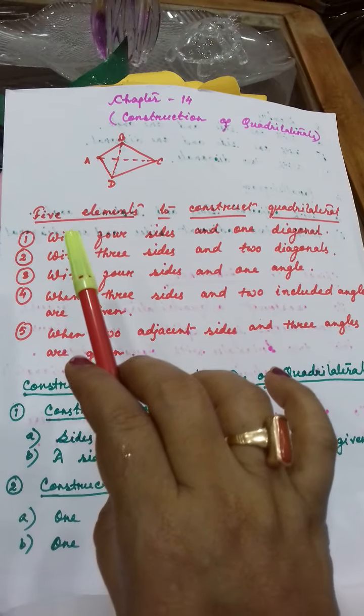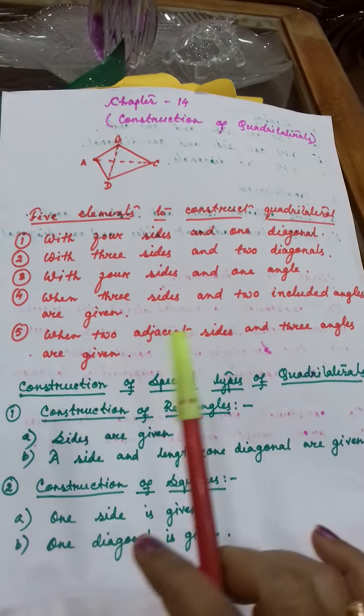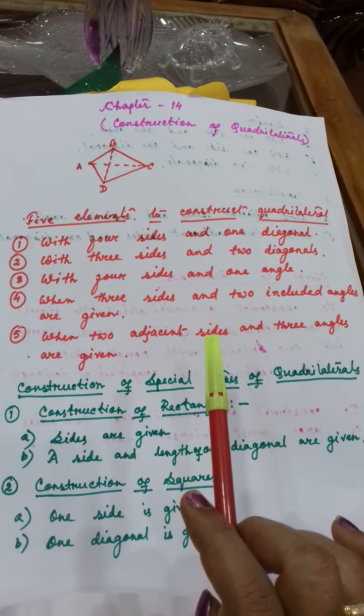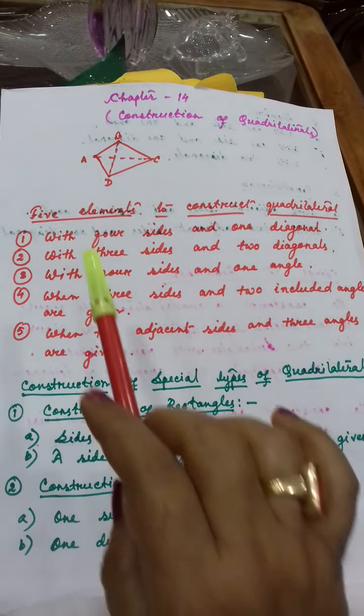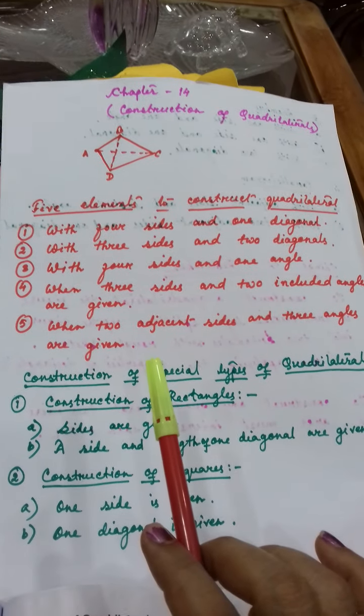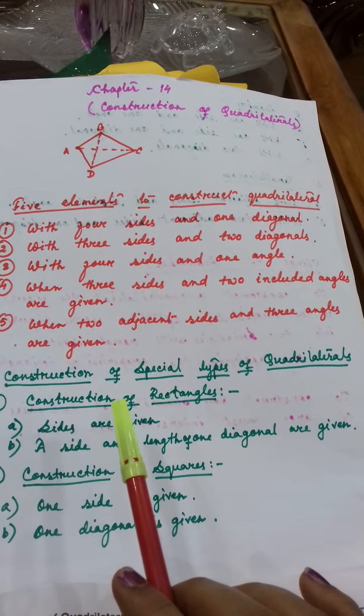First one, if 4 sides and 1 diagonal are given to you, how to construct a quadrilateral? Next, with 3 sides and 2 diagonals. Next, with 4 sides and 1 angle.